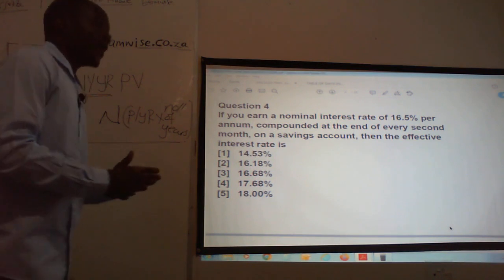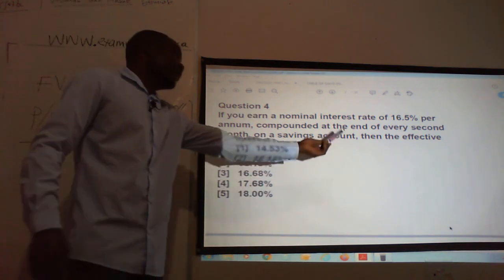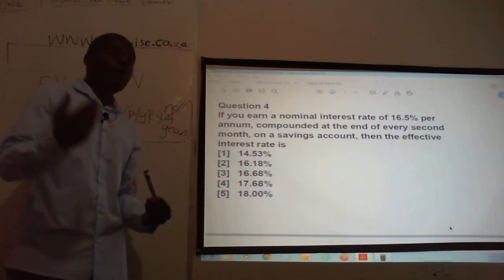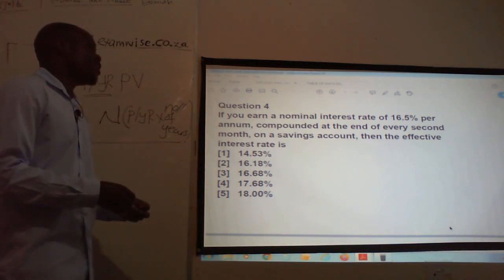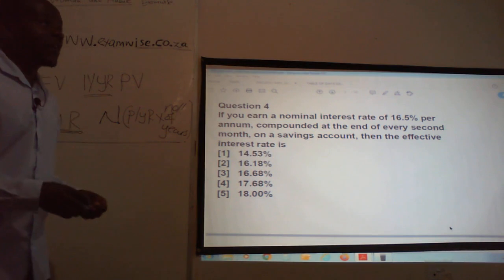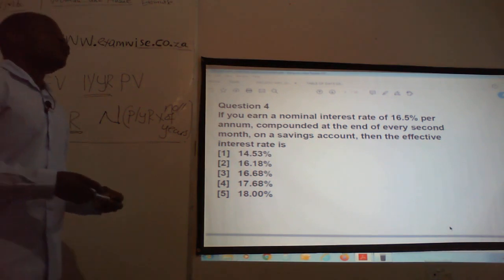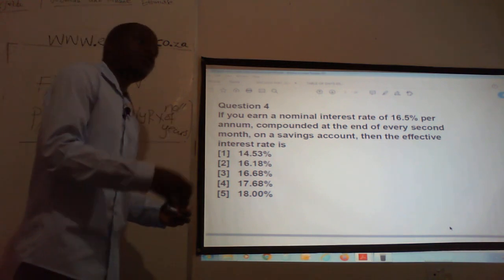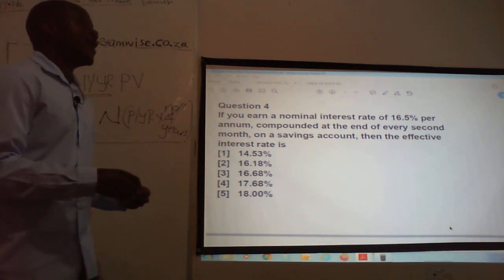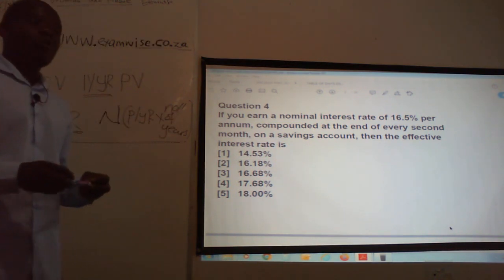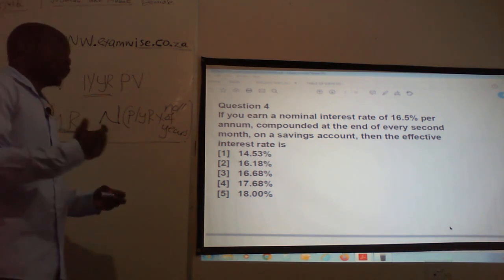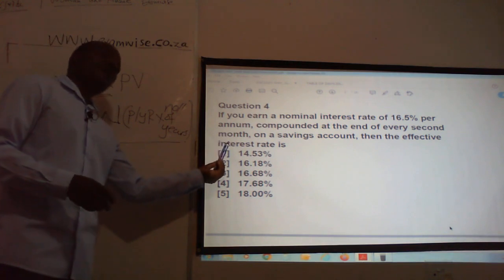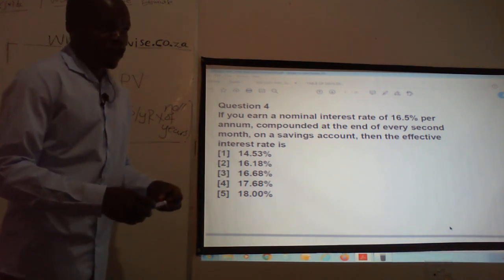So here we are required to calculate the effective interest rate. So the question is, how are we going to calculate our effective interest? Fortunately, with effective interest, we can use our financial calculator to determine it.